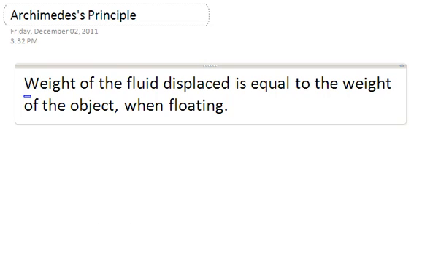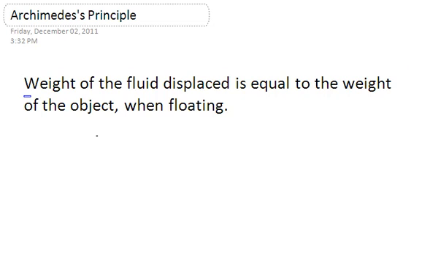So we could write that algebraically. The weight of fluid, what's weight? mg. So the weight of the fluid, so m fluid times g, is equal to the weight of the object, which maybe m object g. How about that? M object g. Sure.